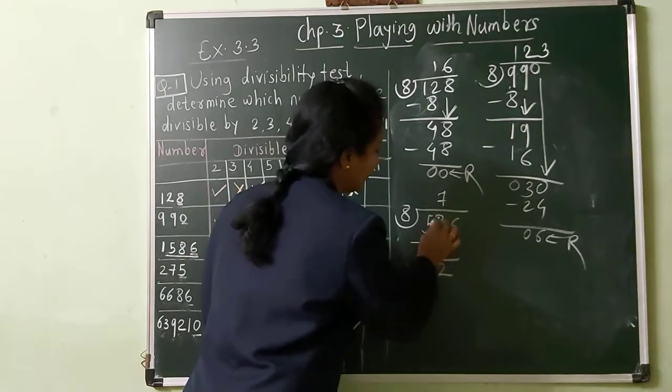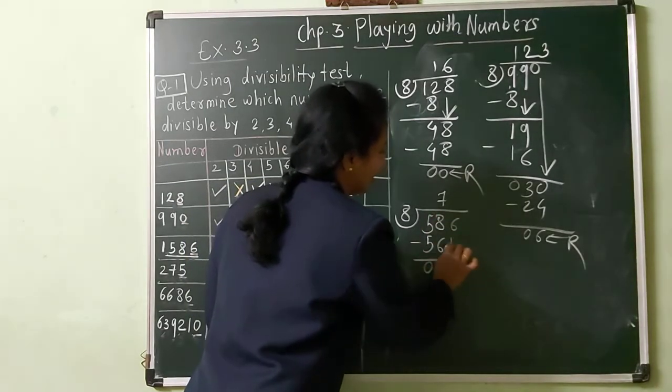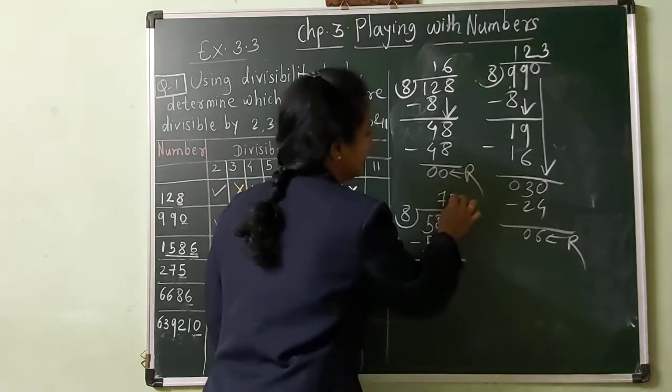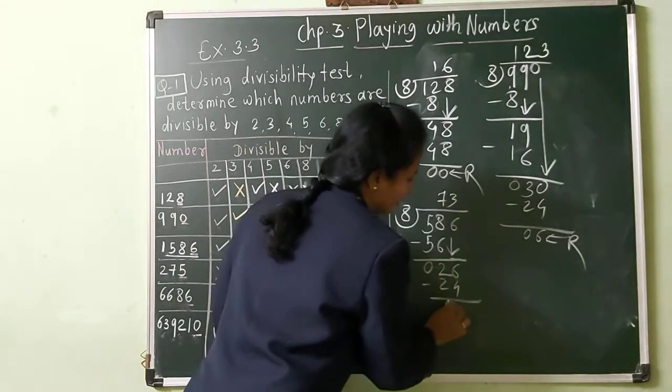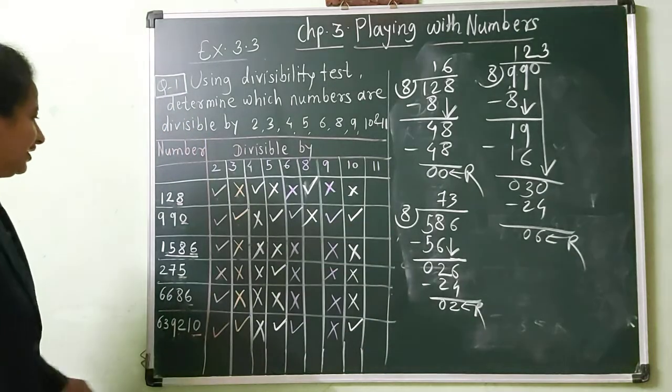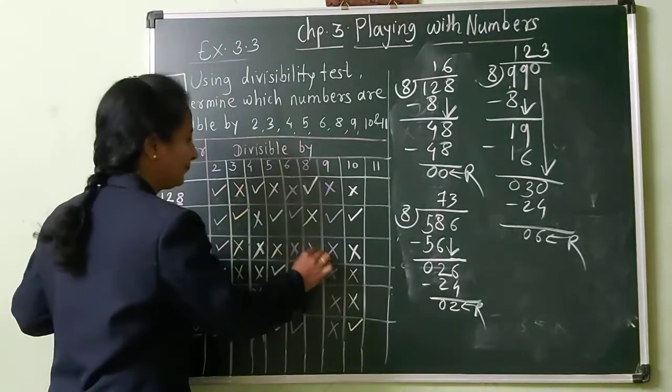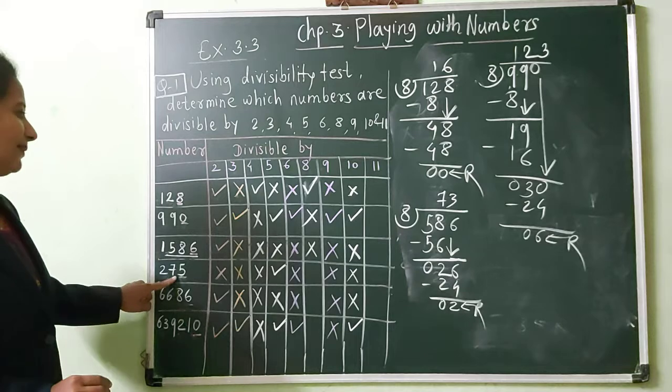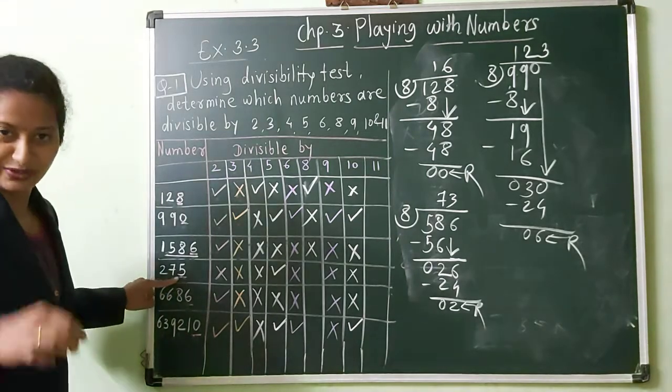Here will be remainder 2. 5 minus 5, 0. Bring down this 6. 8 3s are 24. Here you will get a remainder as a 2. So this number is not divisible by 8. Then next number, check by yourself.